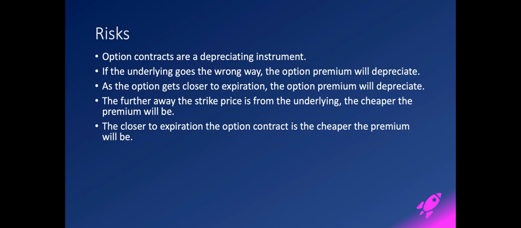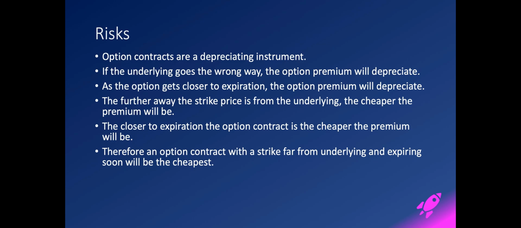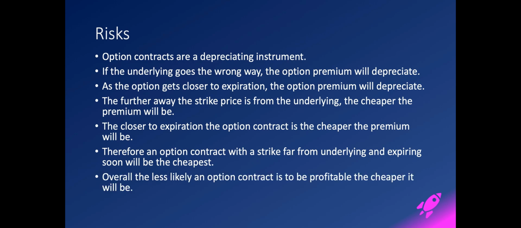Now, the closer to the expiration your option contract is, the cheaper the premium will be. Therefore, an option contract with a strike that's far from the underlying and expiring soon will be the cheapest, because ultimately, the less likely that your option contract will be profitable, the cheaper it will be.